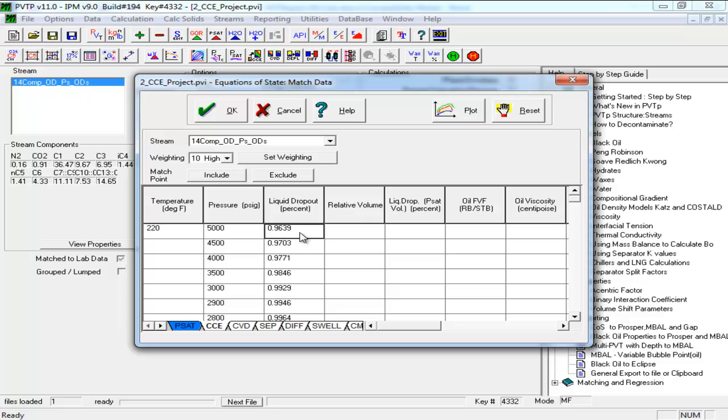Relative volume is just a ratio between the total volume and volume at saturation. The volume in each pressure stage divided by the volume at saturation pressure. So we will give weight for this value, and it should be 1.